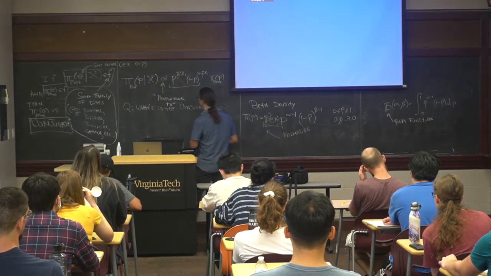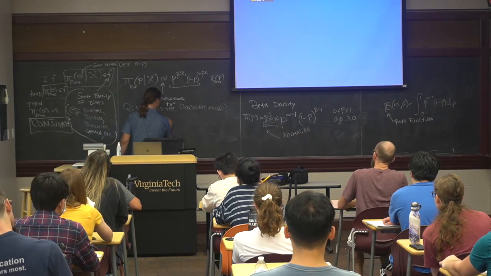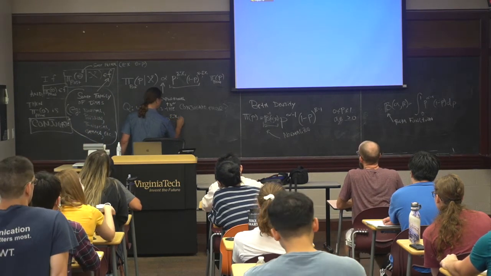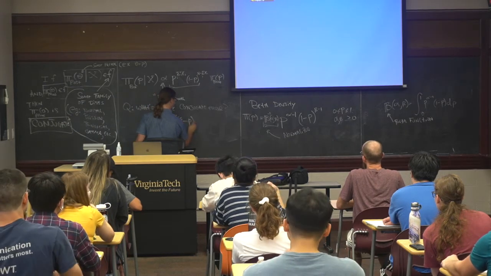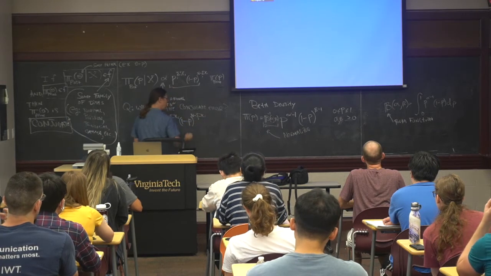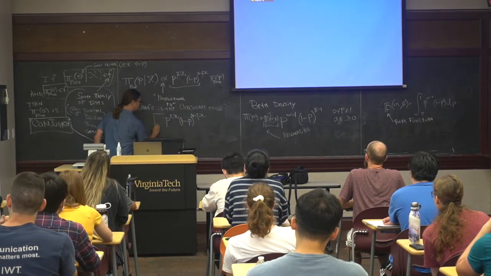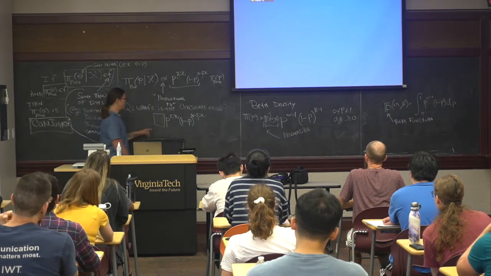So if I used this right here, and I took my likelihood, p to the sum of the xi's, 1 minus p to the n minus the sum of the xi's, and multiplied by this prior, keep in mind I've gotten rid of the normalizing constant right here. It doesn't matter.